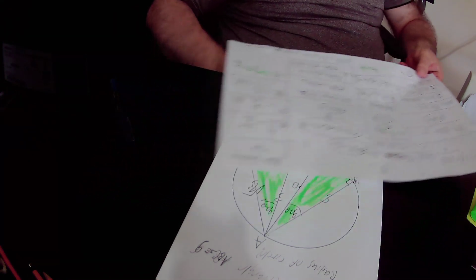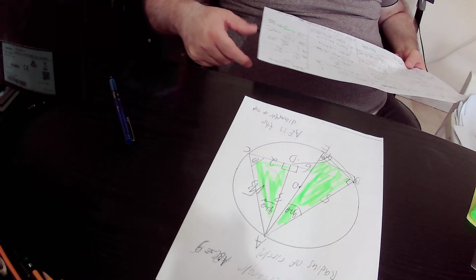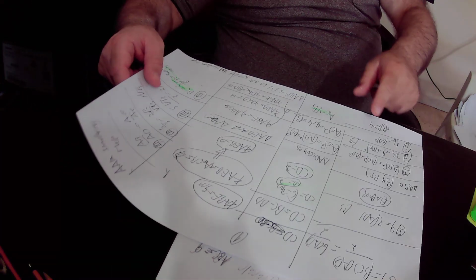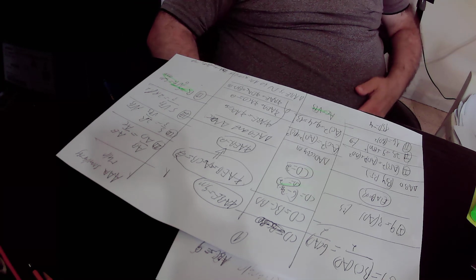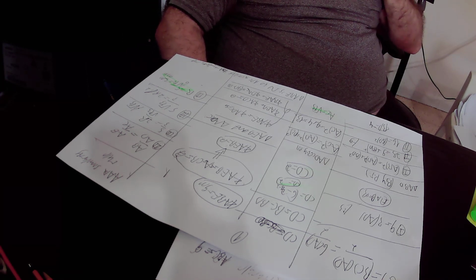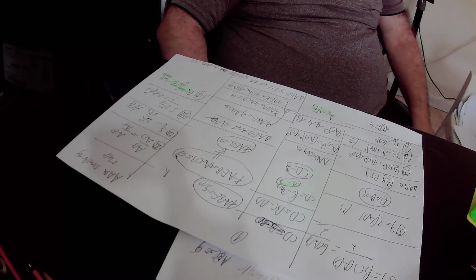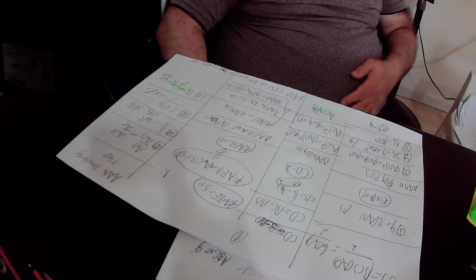Then we implemented the Pythagoras theorem on triangle ABD. According to the Pythagoras theorem on triangle ABD, AB squared equals AD squared plus BD squared. AB is 5, so AB squared is 25. That equals AD squared; AD is 3, so AD squared is 3 squared, that is 9, plus BD squared.